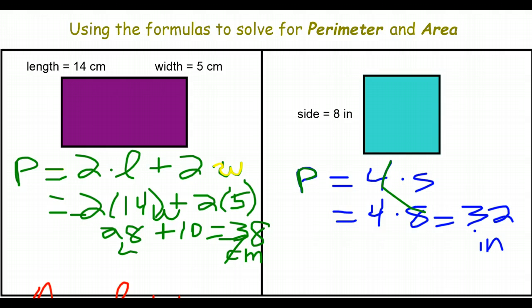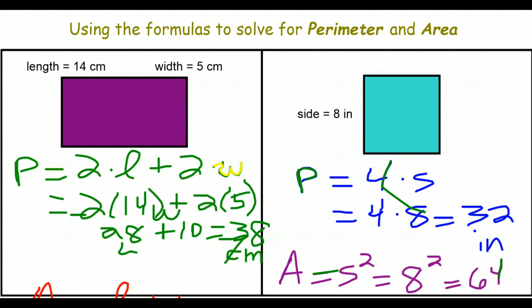Now when we are looking at the area, our area then is the side squared. The side is 8, so the area is 8 squared, or 64 square inches. And so those are 2 examples of how you use the perimeter and area formulas for a rectangle and a square to find the actual perimeter and area measurements.